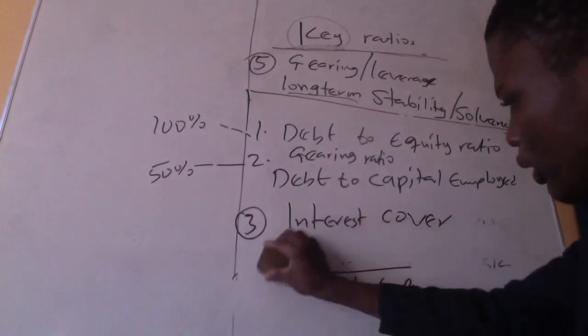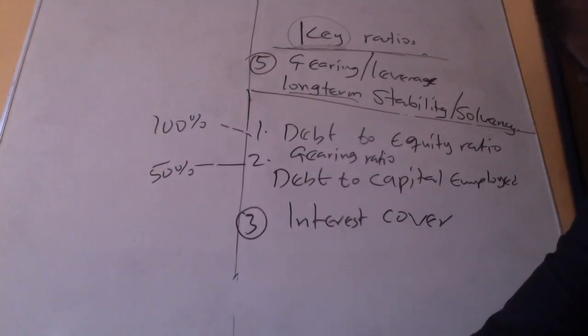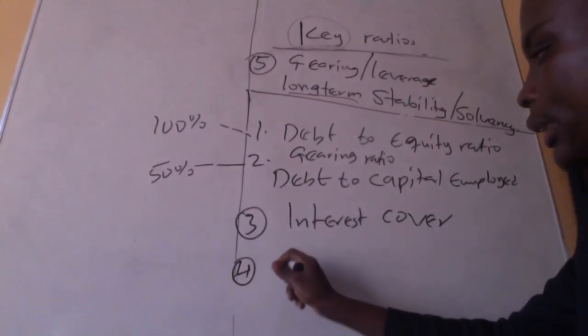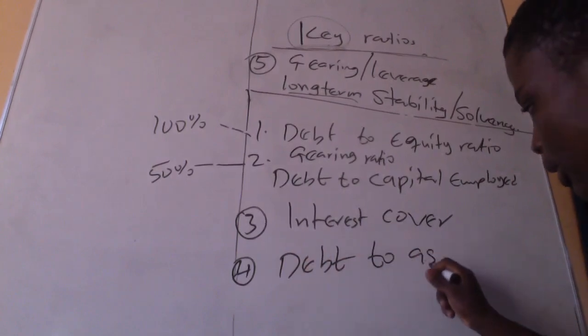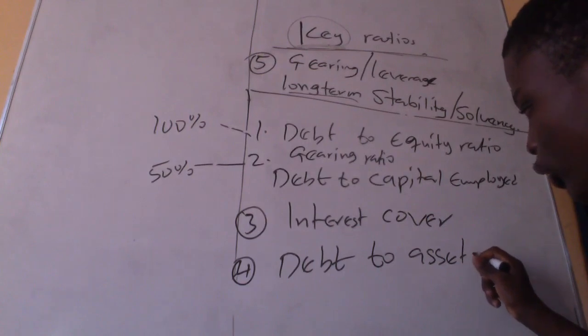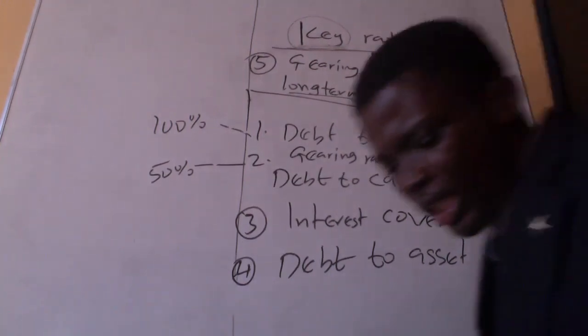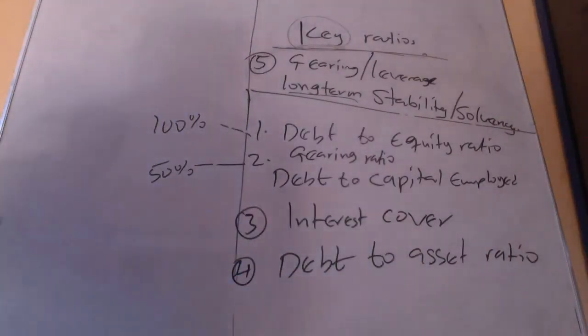And the last one, I'll probably give it to you to end today's class successfully, is the debt to asset ratio. Now, there are three main ways you can buy assets for your organization.